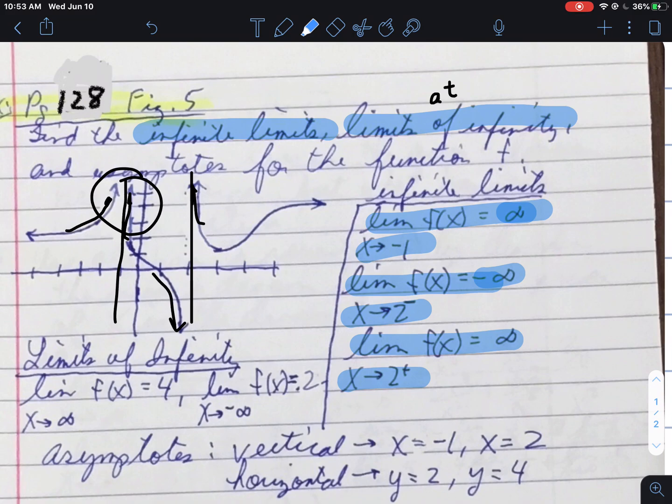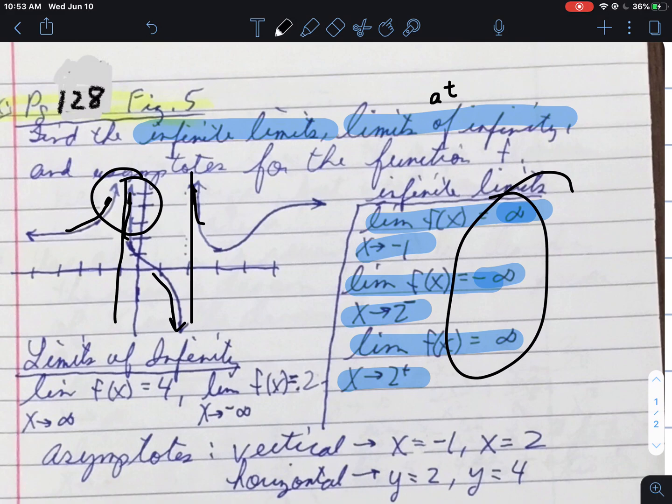Now also remember too, a lot of reminding you, these limits still do not exist. We said a limit that's approaching infinity is a limit that does not exist, because the value of the function is not approaching a specific number.